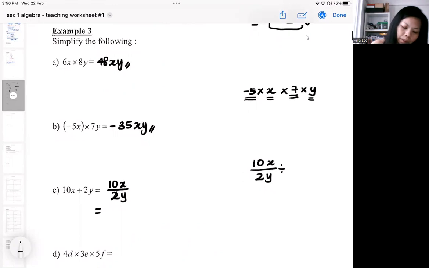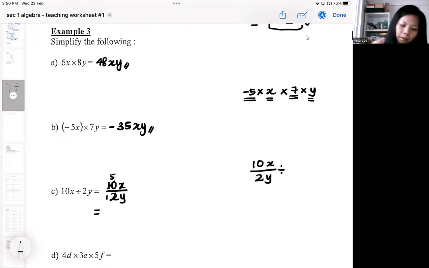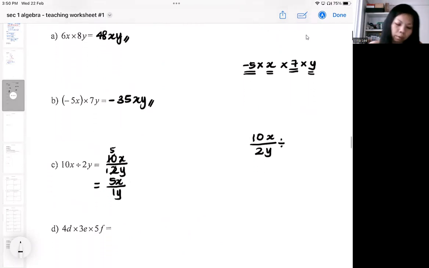You can do the normal cancellation, like primary school cancellation. Then you are left with 5x and 1y. Usually I will not write the 1y, I will just write it as y. When your algebra is a single algebra like this, we know that it's actually 1y, so you do not need to write 1y.